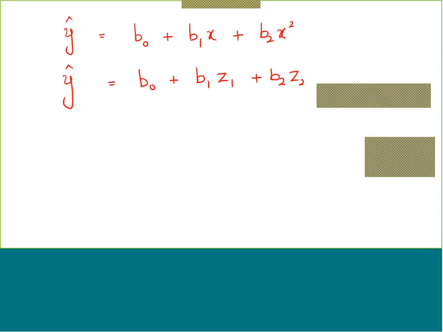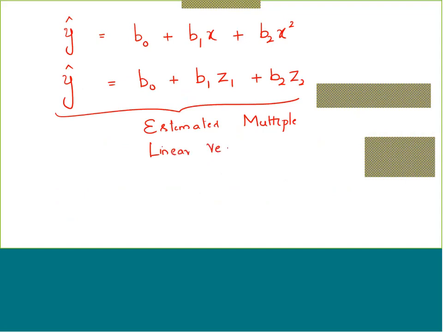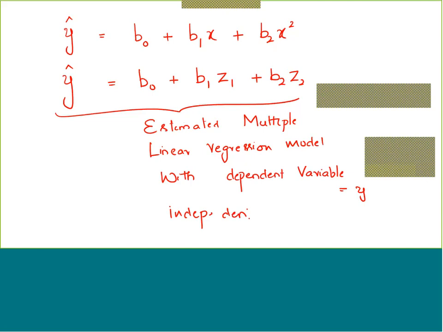So finally this model became an estimated multiple linear regression model with dependent variable y and independent variables z1, that is x, and z2, that is x square.